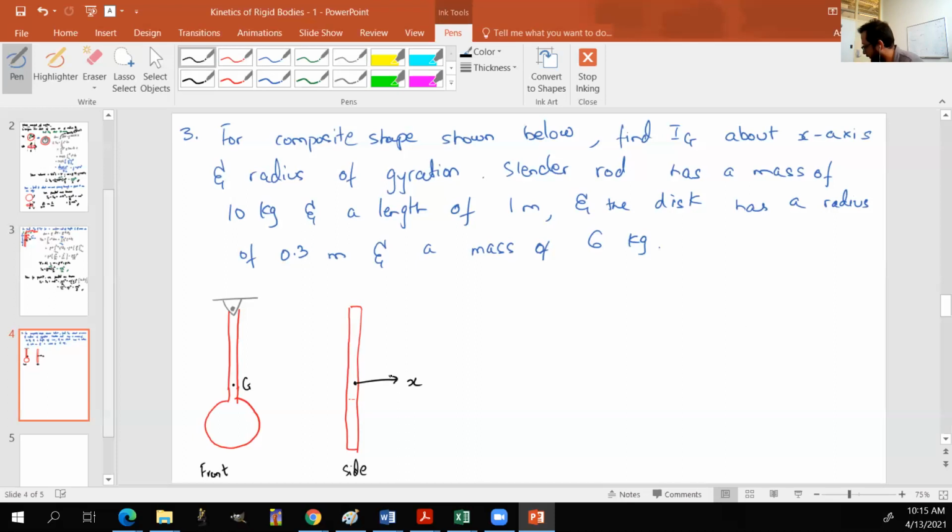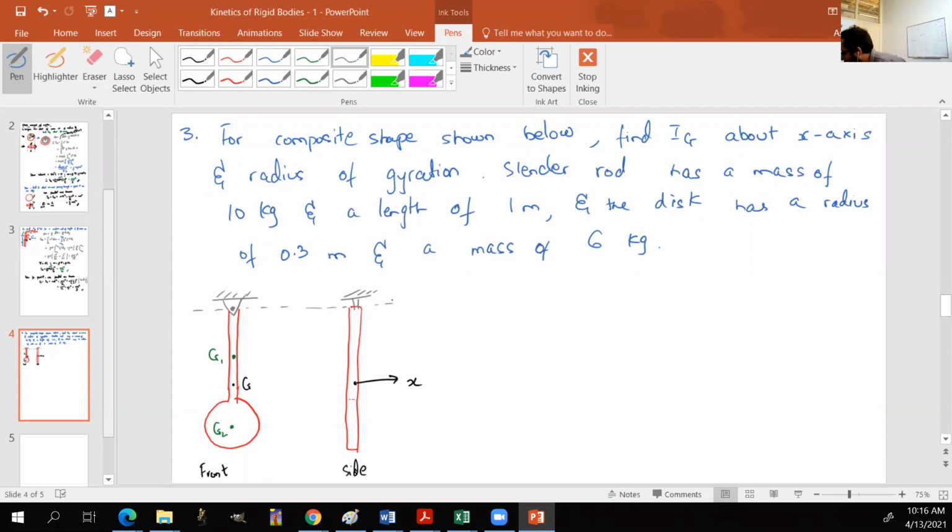For this composite shape, we can find out where the point G1 is, which is for the rod. We know where the point G2 is, the mass center of the disk. So let's draw the datum. The datum reference point is through the pin at which the rod is connected.